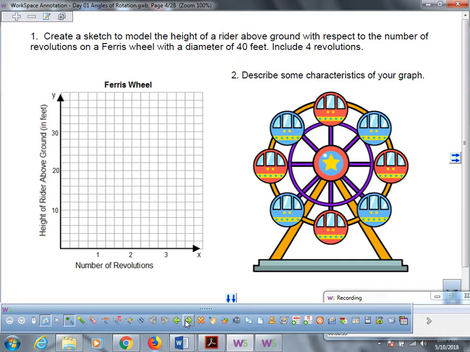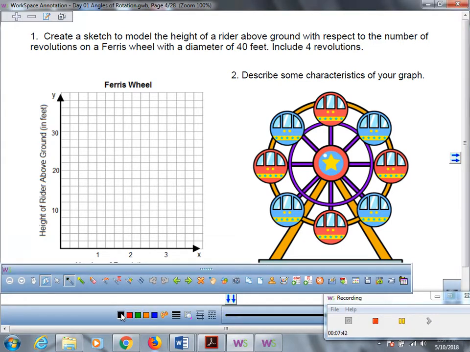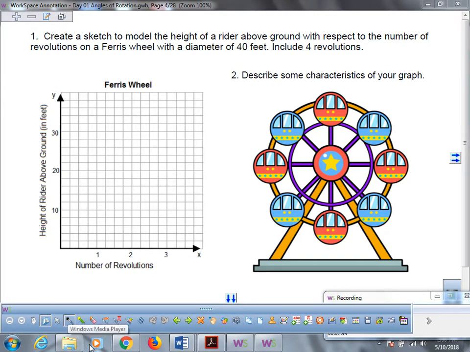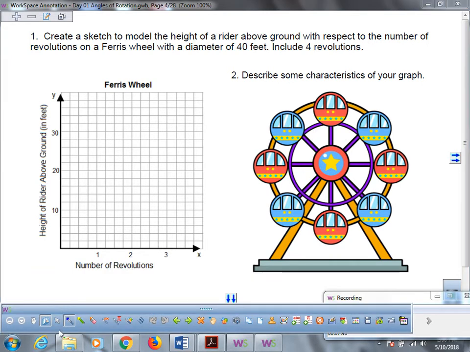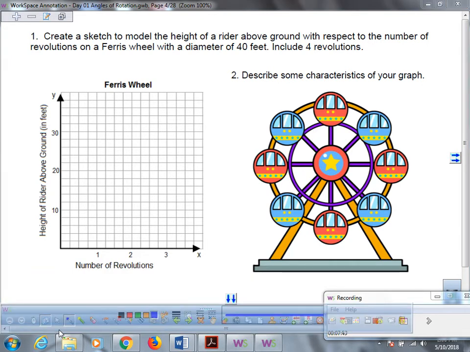We're going to get on the Ferris wheel at the bottom of the Ferris wheel. I'm saying the bottom of the Ferris wheel is at 0 right now, but I'm going to say that we are going to get on the Ferris wheel right there, and we are at 0. And we're going to talk about the number of revolutions, or the number of rotations.